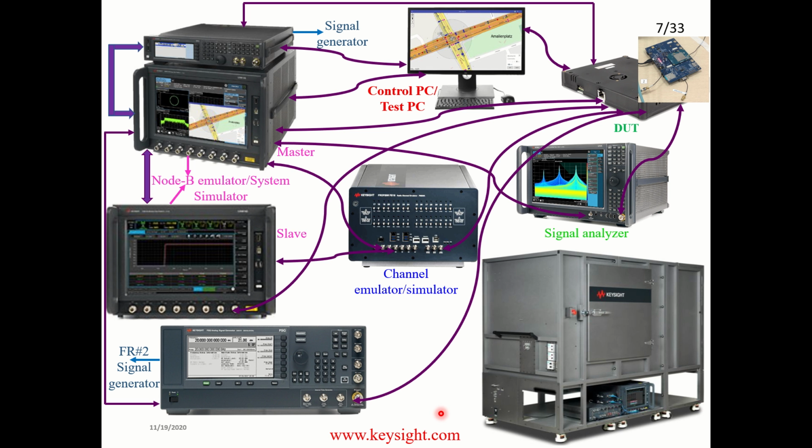All these pictures I have taken from keysight.com, and you can find similar ones from R&S. The names will be different, but most probably the components will be the same. And you cannot assemble them like this, right? You can see the zigzag connections, so you have to put them in a certain fashion.